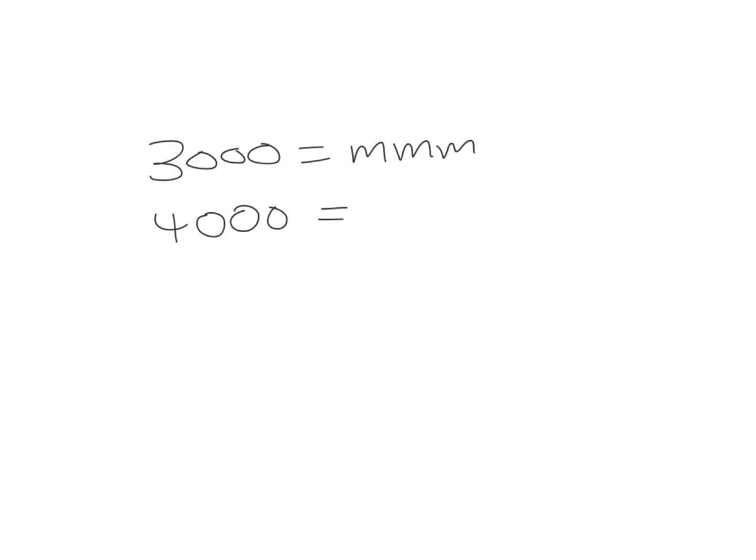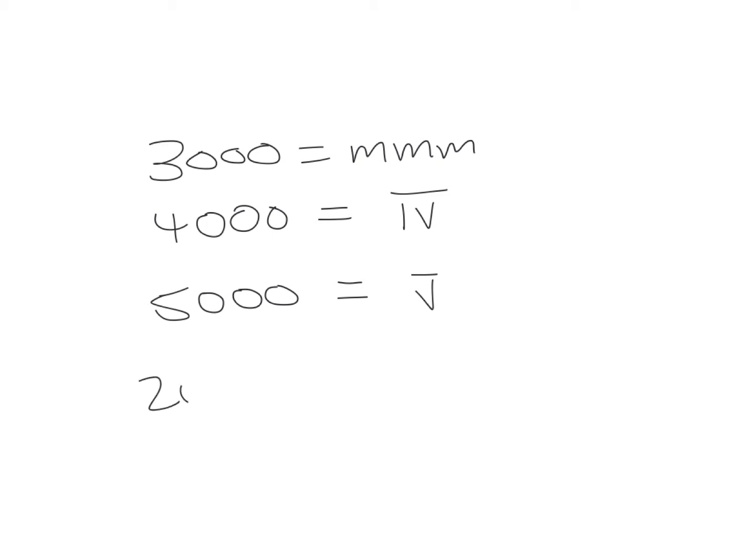Okay, well that's the basics of Roman numerals, but just for a little bit of fun, 3,000, as we saw earlier, is written as MMM. 4,000 would be written as a 4 with a little line above it, so the line represents thousands. 5,000 would be written as V with a little line above it.